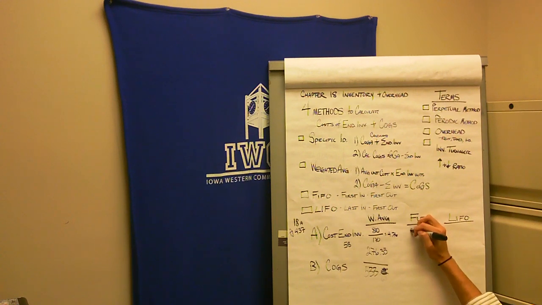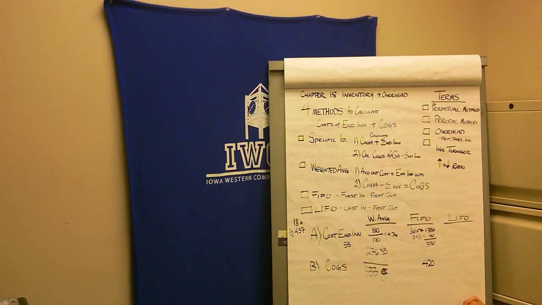So we've got 50 units at $7 from November, and then we have 8 units at $5 from April. So our ending inventory is going to be $390. We subtract that from $810, and we got cost of goods sold, $420.